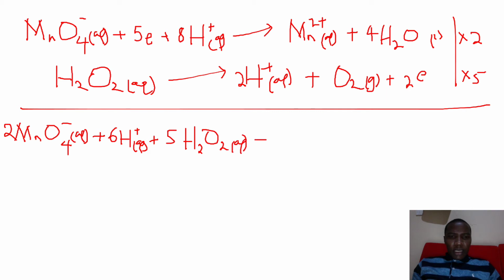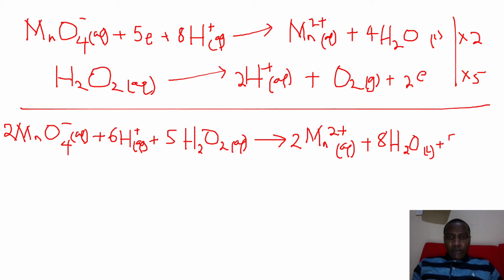And then we shall be forming 2 manganese 2 ions, just like that. And then we shall have the water and also oxygen, with 8 water and 5 moles of oxygen gas. As simple as that. So we're going to be having such an equation.